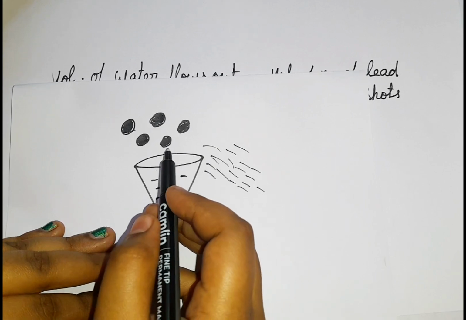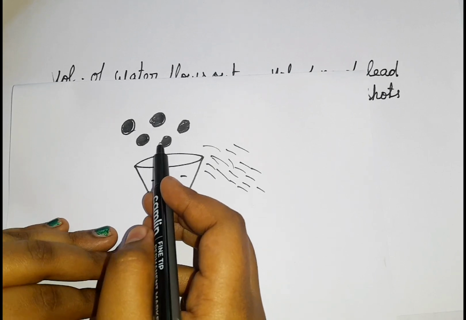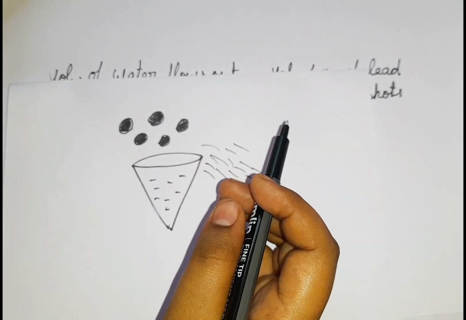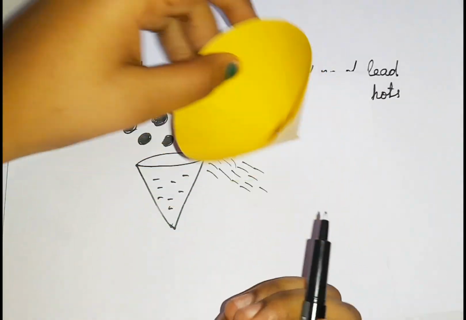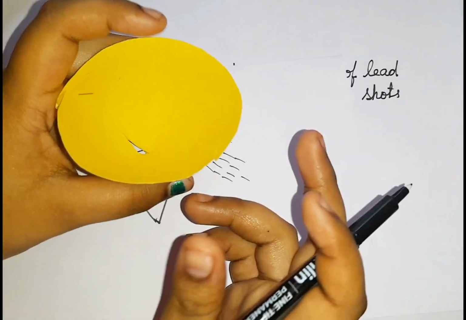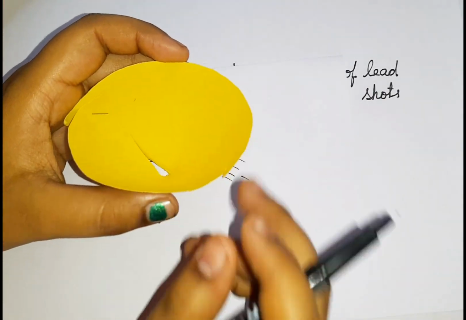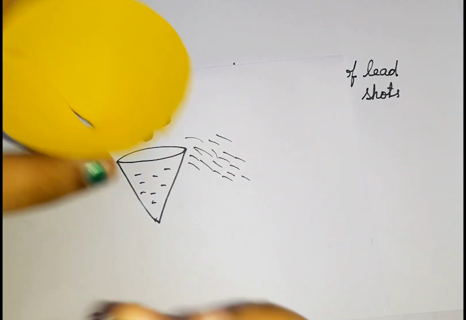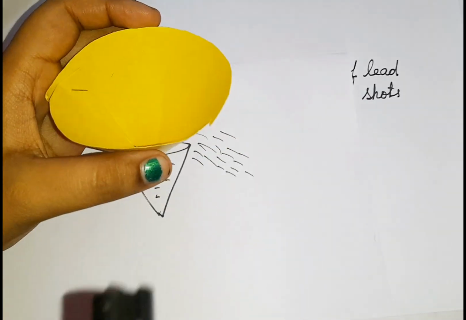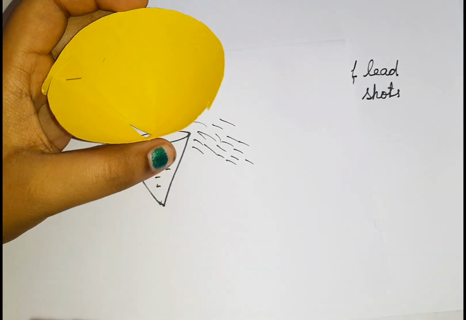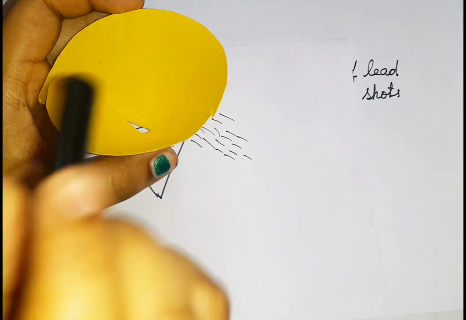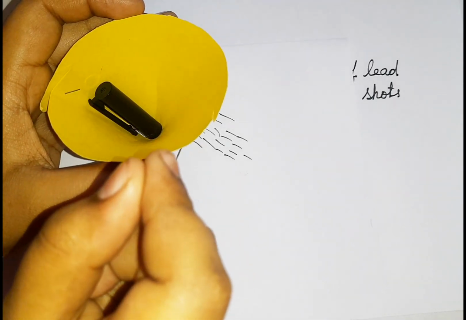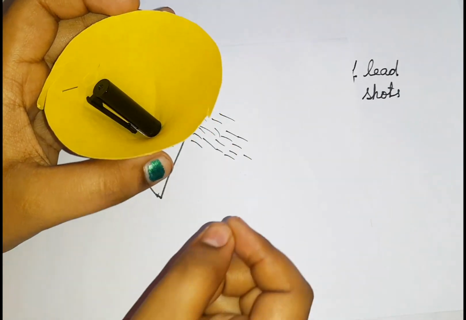Instead of a lead shot, you can think of it as a stone. You are holding a cone vessel with water filled in it, and from far away you throw the stone like this. When I throw the stone, the water will flow out.